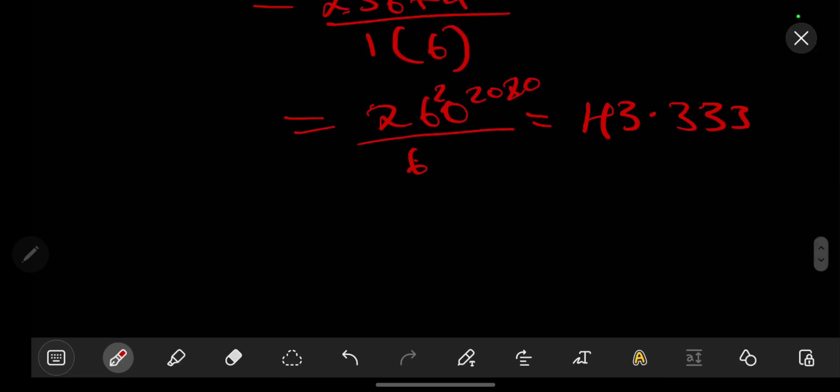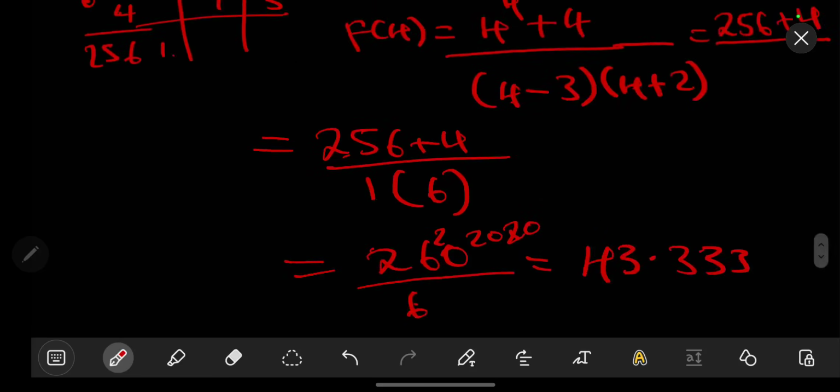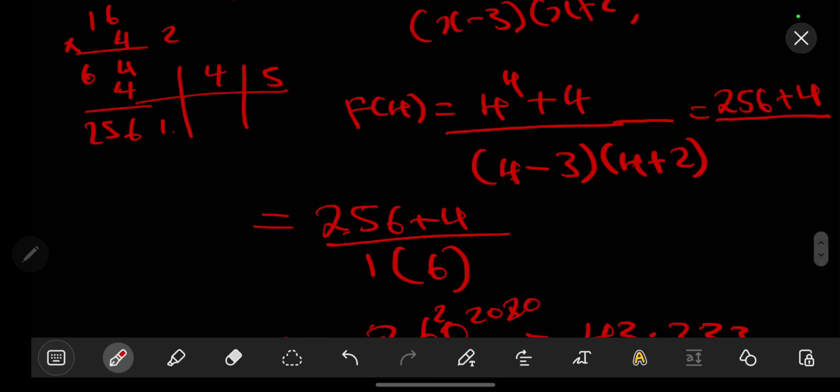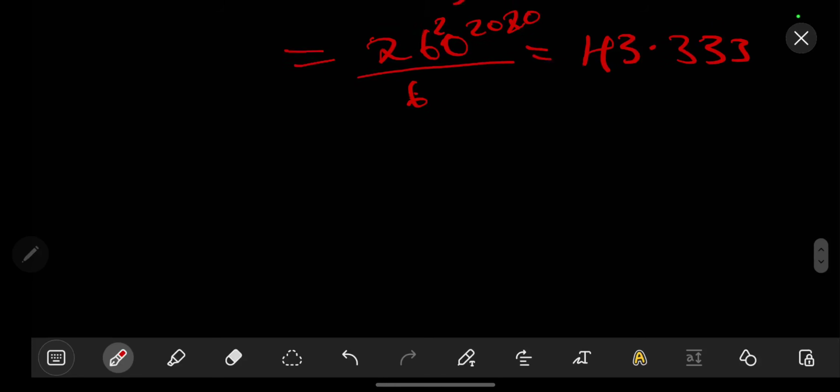Then let's study the behavior of the graph at, so when x is equal to 4, it is giving us a 43.33. Let's study the behavior at 5.